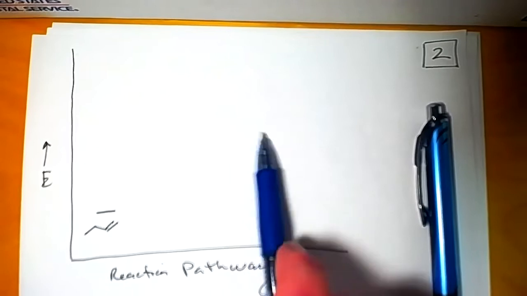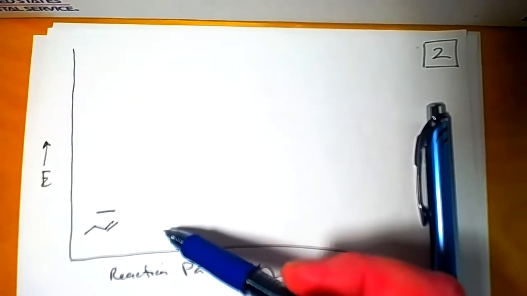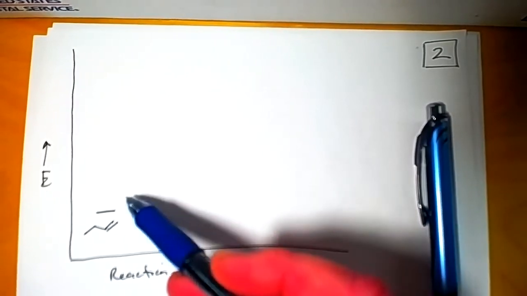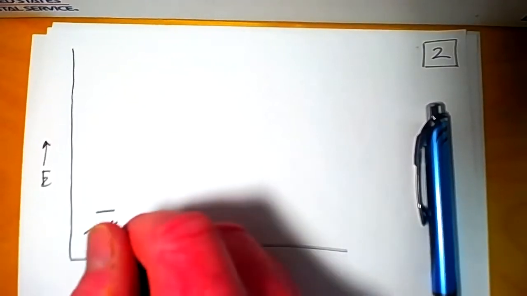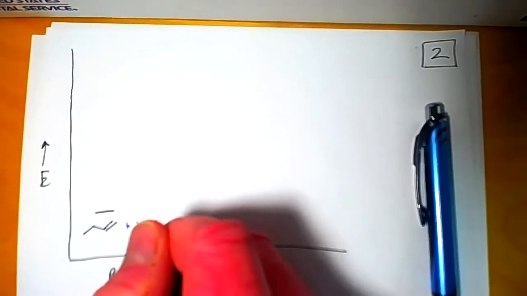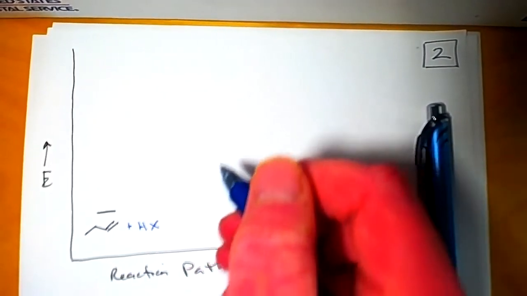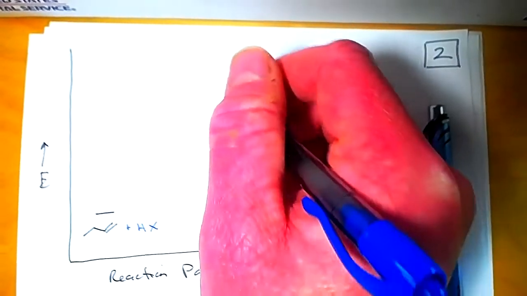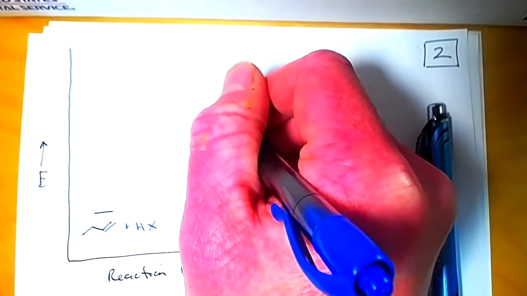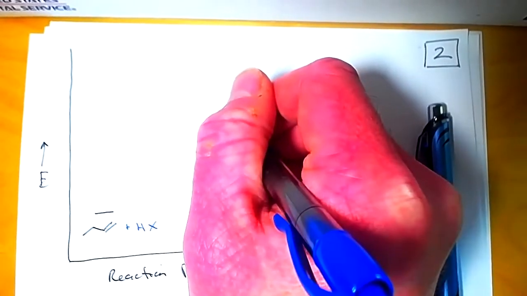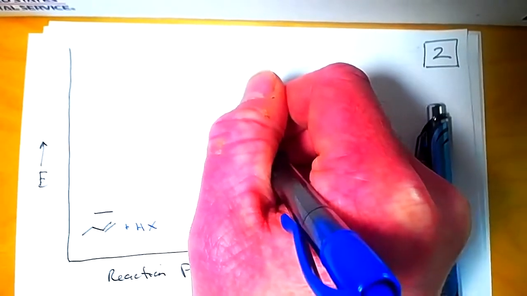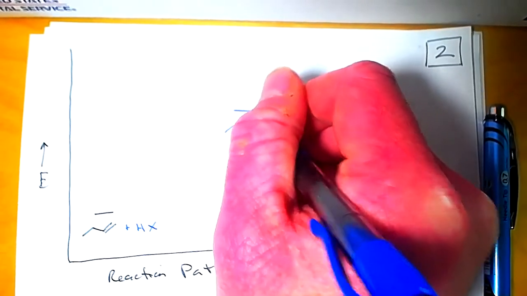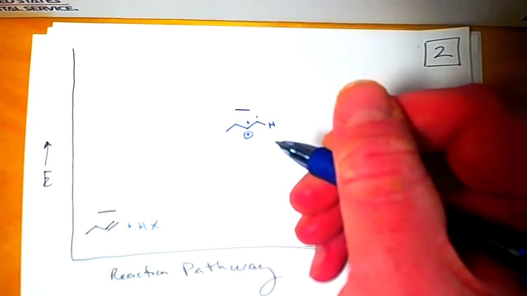So now the intermediate that you're going to produce when you add your hydrogen halide to this is obviously going to be higher in energy. That's going to be our carbocation, and that's going to be up here, at this position, where we've added our hydrogen to the side of the double bond that had the most number of hydrogens, and that's where our carbocation is going to be.